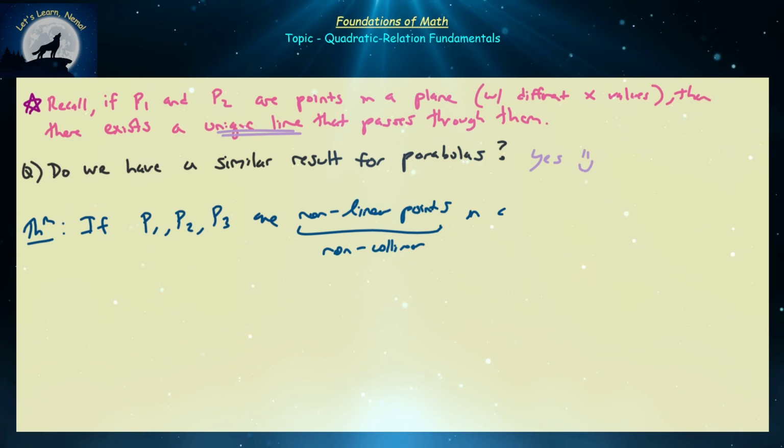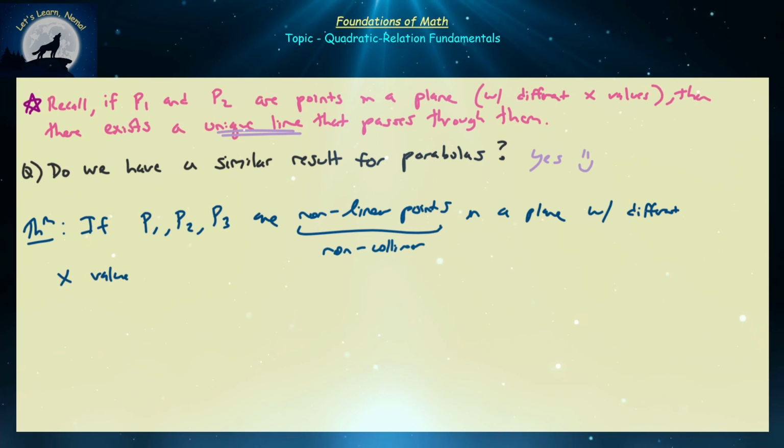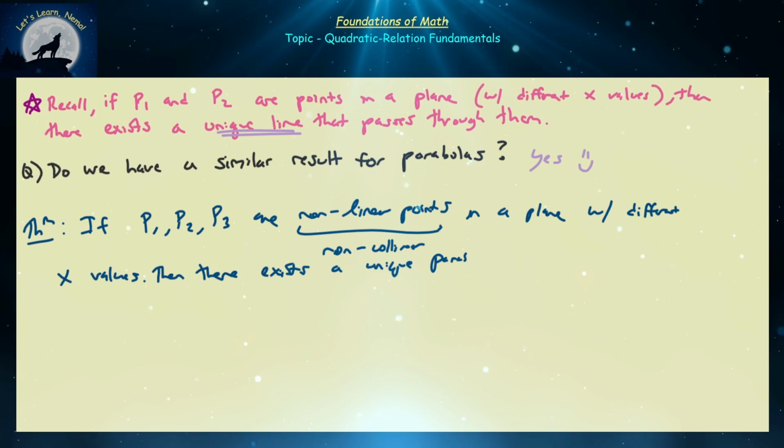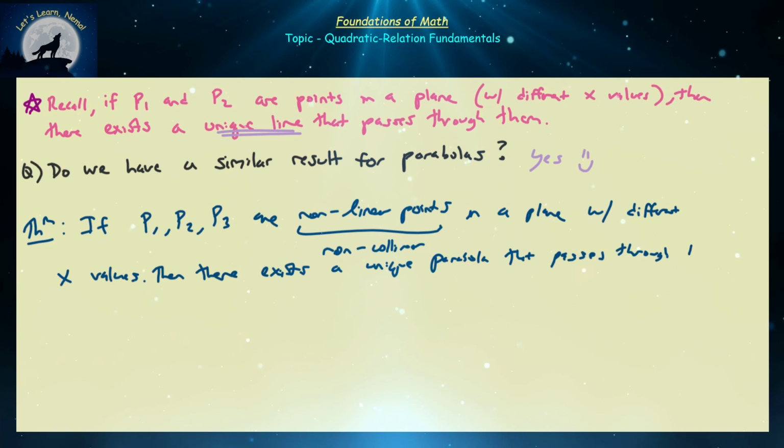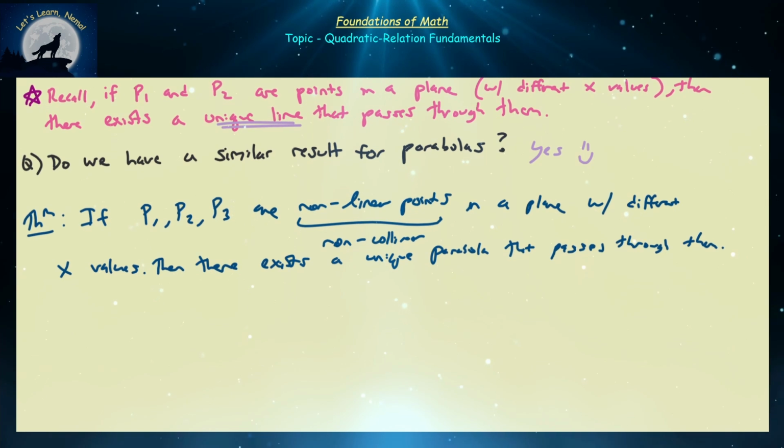And let's assume that they belong to a plane, and that they have different x values. Then there exists a unique parabola that passes through them. So now we're looking at 3 points and a unique parabola that passes through them.